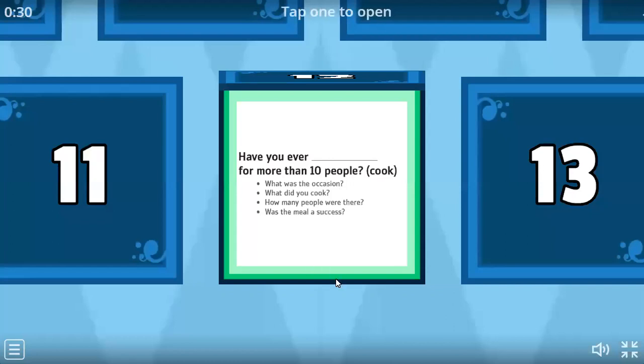Yes, I have cooked for more than 10 people. And the occasion was a birthday of my grandma. And I did cook chicken, fried chicken. And how many people were there? I remember there were 12 or 13 people.